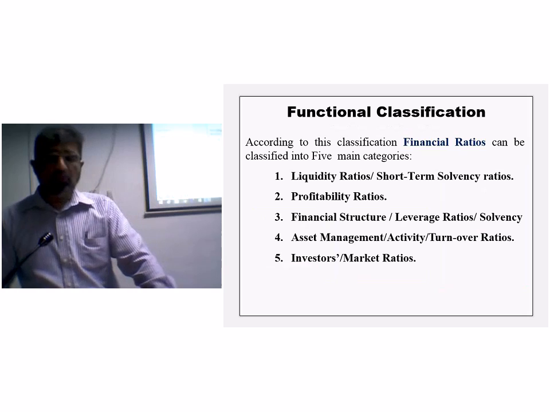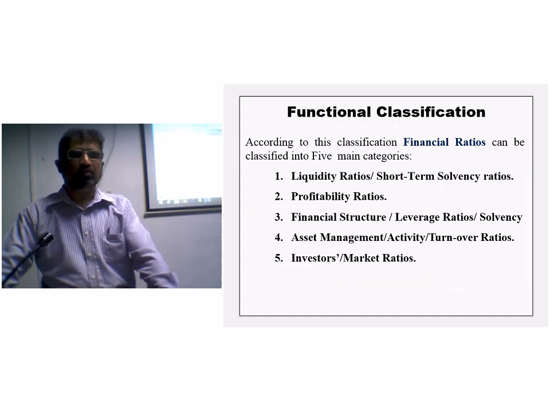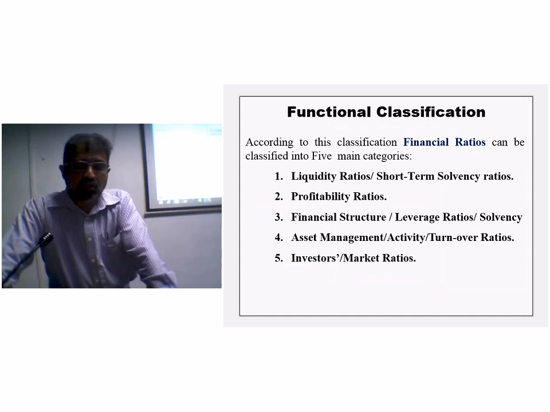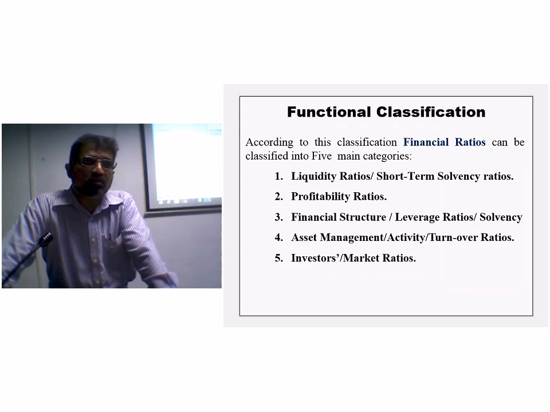Right. Now if we move to ratio analysis, there are a number of classifications, a number of categorizations. We don't have a formal categorization method like in financial accounting, where we have IFRS and LKAS for controlling events and activities, right?